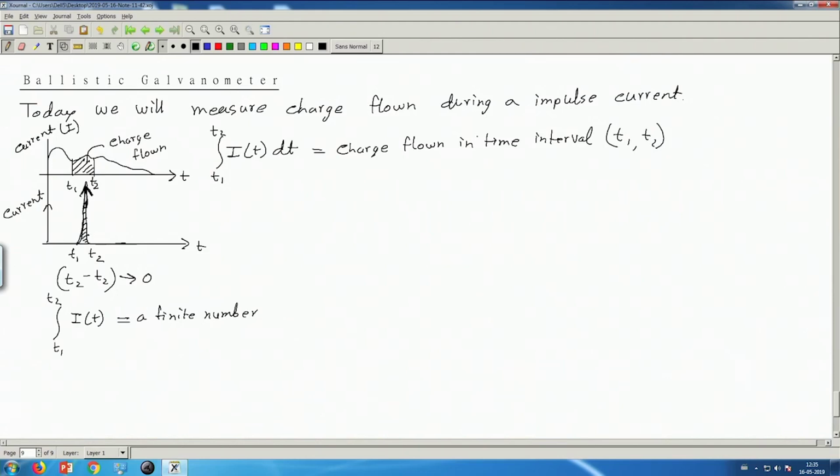You may know that. Now, the goal of this video is to measure this charge which has flown during an impulsive current in a circuit using a galvanometer, which you call the ballistic galvanometer.